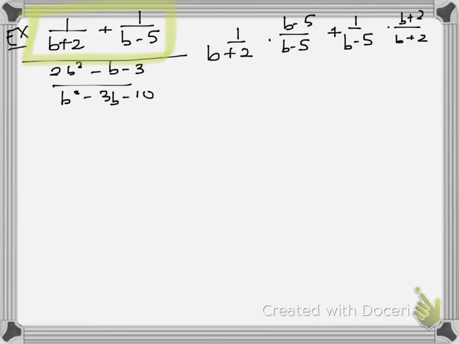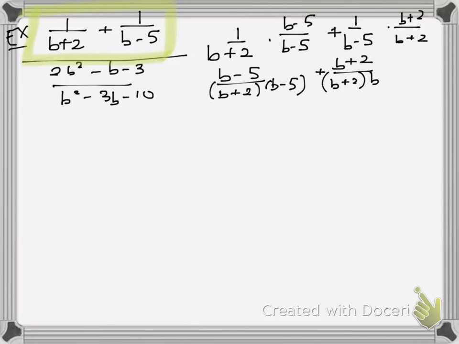Okay, so when you work that all out, you have b minus 5 over b plus 2 times b minus 5, plus b plus 2 over b plus 2 times b minus 5.